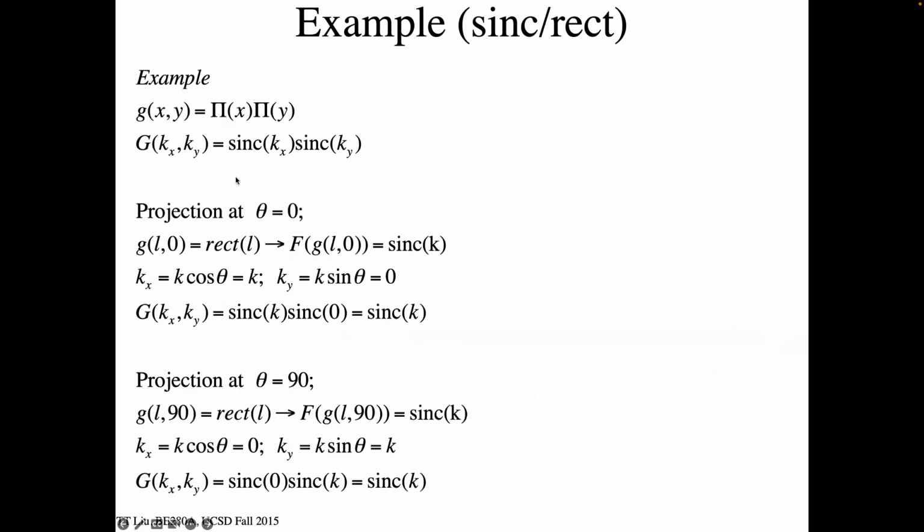You can do that for a projection at, say, theta equals 0, where we know that g(l,0), when we project at a 0-degree angle, is just going to be a rect function. And when we take the Fourier transform of that rect function, we get a sinc function, and that samples the 2D Fourier space along that direction.